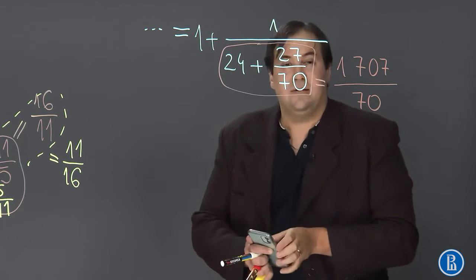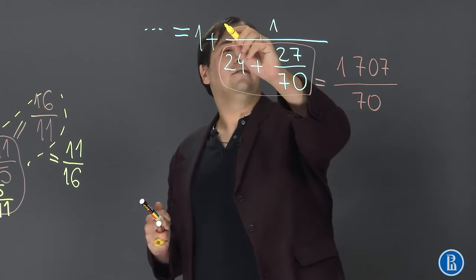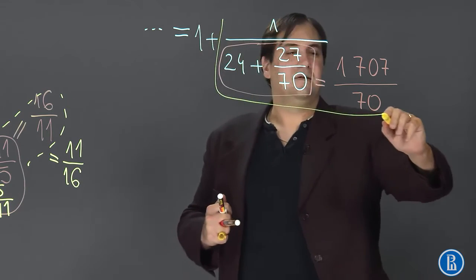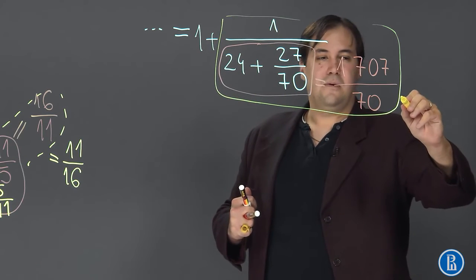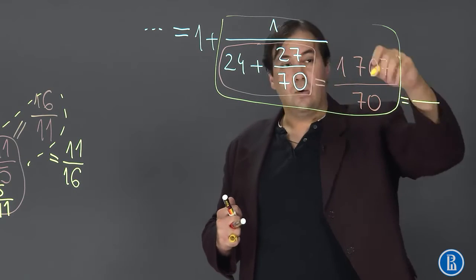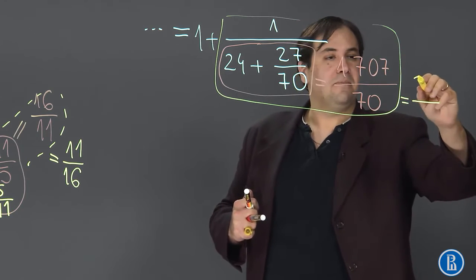And then we turn this big fraction into 70 over 1,707.